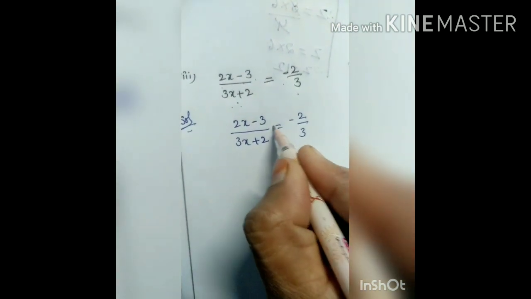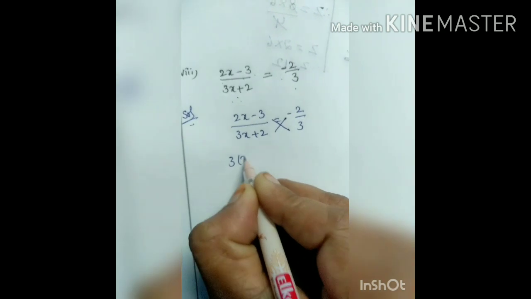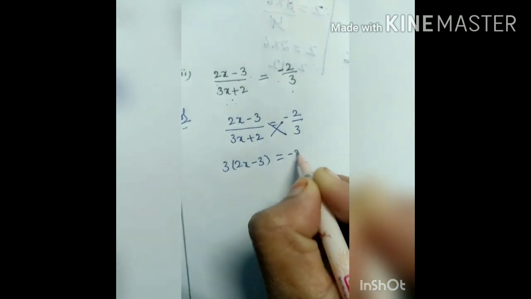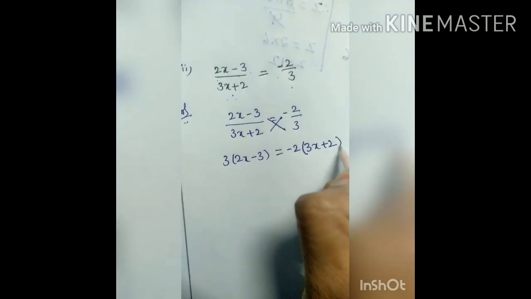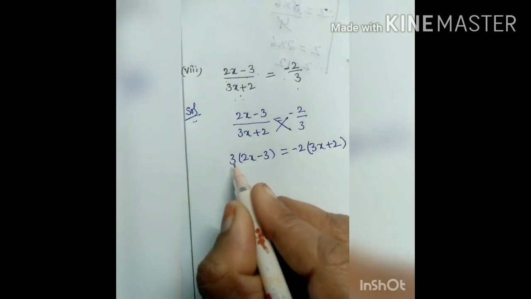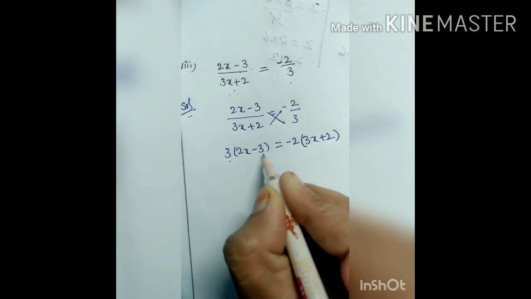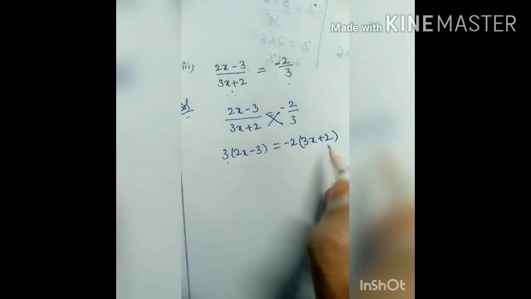So now I will do the cross multiplication. So 3 into 2x minus 3 is equal to minus 2 into 3x plus 2. Okay children. Now here 3 is multiplied with the 2 terms in the bracket.